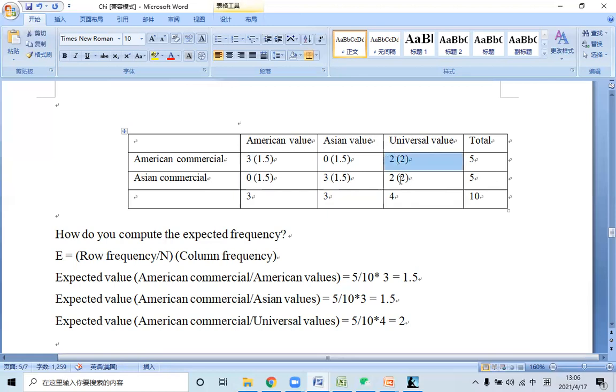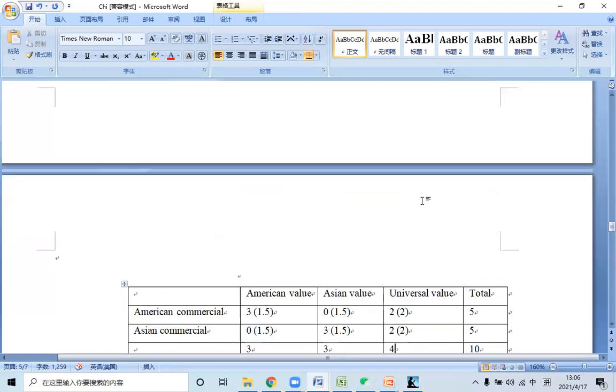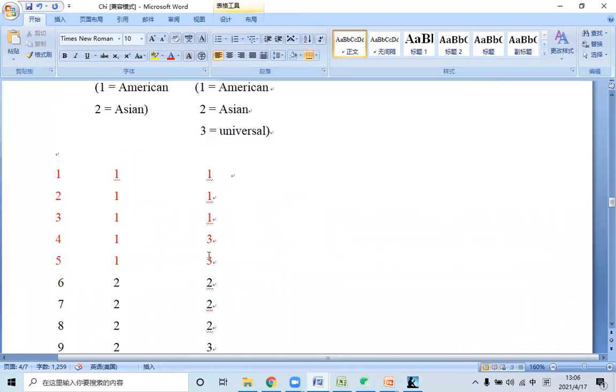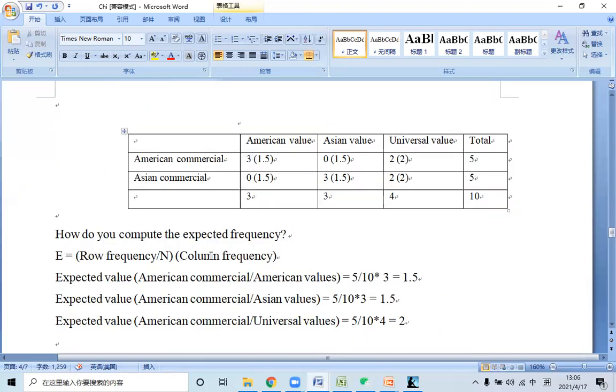For the universal values, you do the same thing. You got altogether 4: 1, 2, 3, 4 universal values expressed in the commercials, and you divide them between American versus Asian sources.